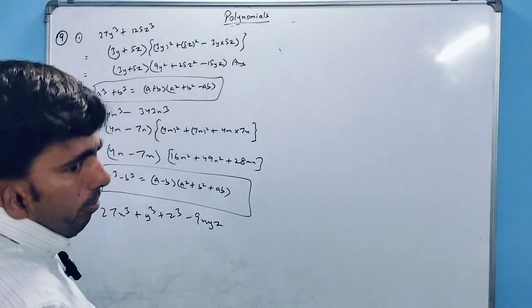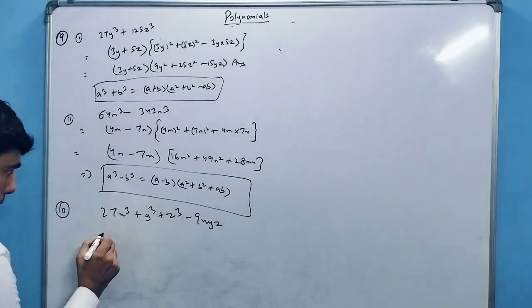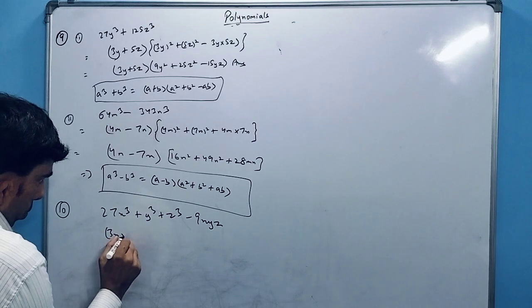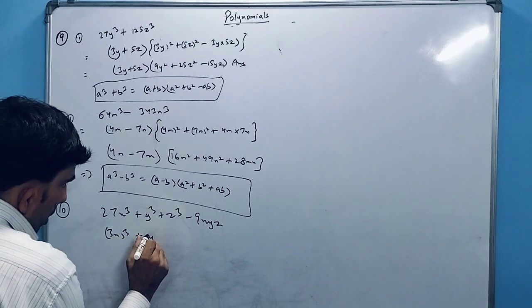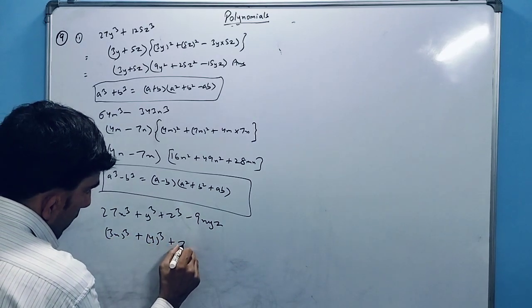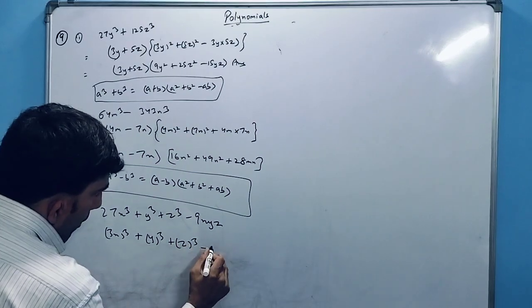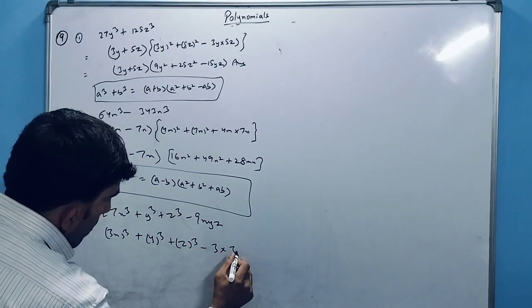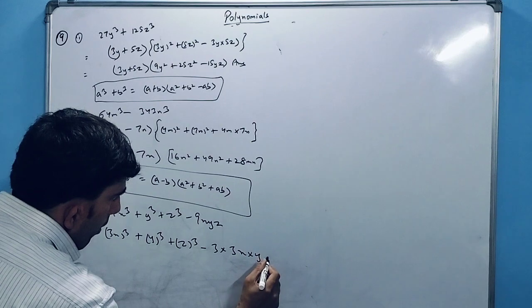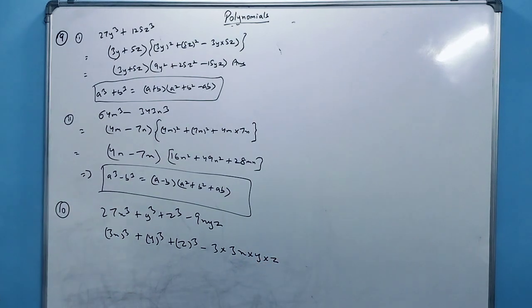So now we try to find 3x whole cube plus y whole cube plus z whole cube minus 3 into abc. Okay, now we'll see what we can do here.